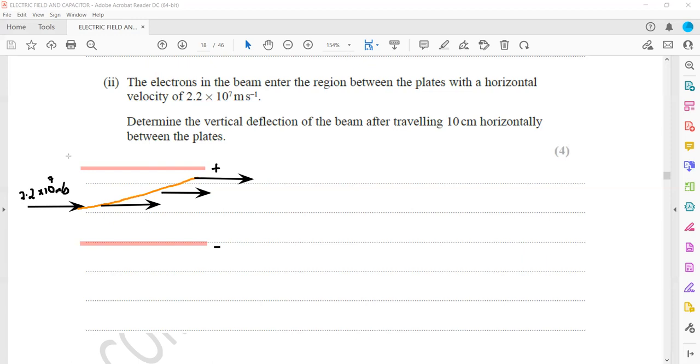Initially the vertical component was 0. When it entered the field, there is no vertical component. But because there is a force, and the direction of the force on a negative charge is opposite to the direction of the electric field, there's a force upward that causes a vertical acceleration, a vertical change in the speed.